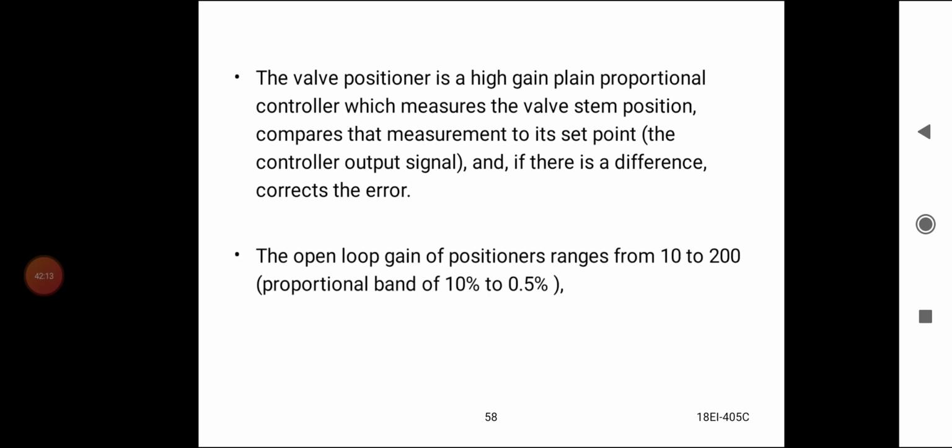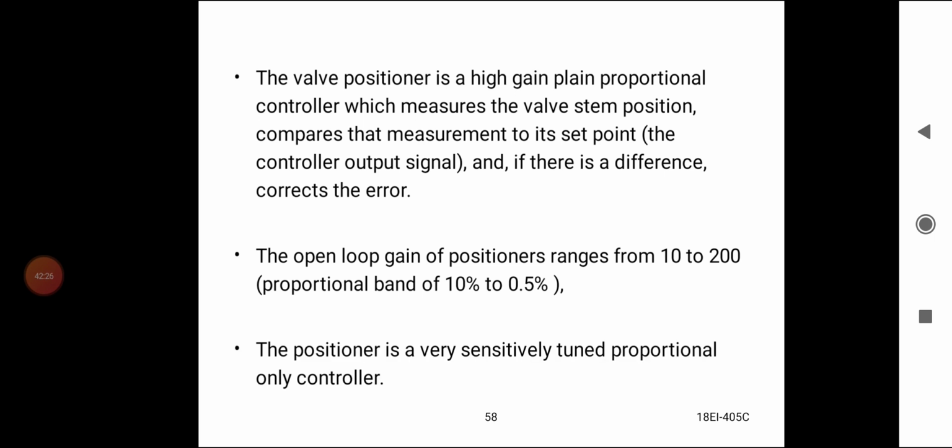The open loop gain of positioners ranges from 10 to 200, a proportional band of 10% to 0.5%. The positioner is a very sensitively tuned proportional only controller.